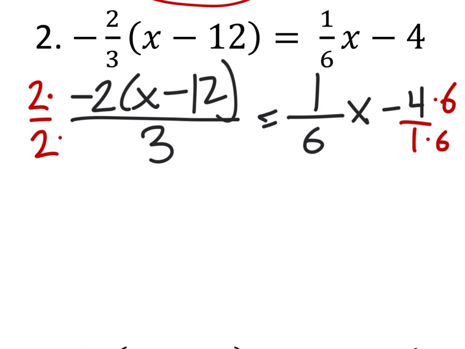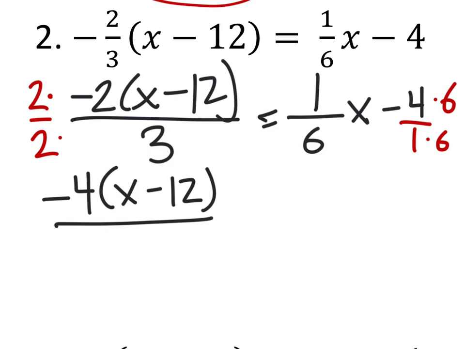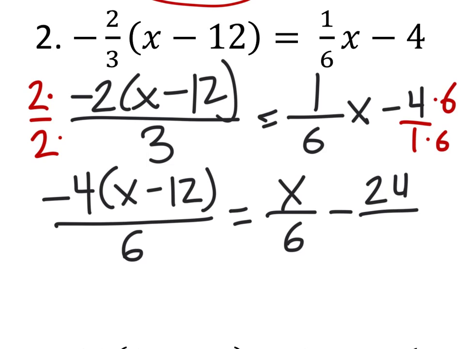That's going to give me a brand new equation. I have negative 4x minus 12 all over 6 equals x over 6 minus 24 over 6.